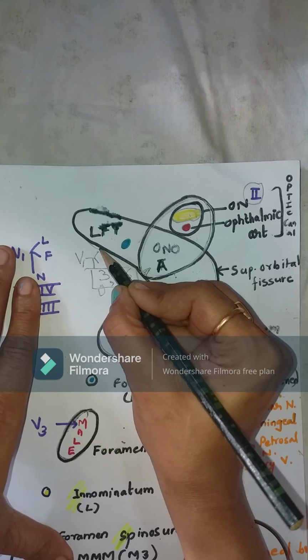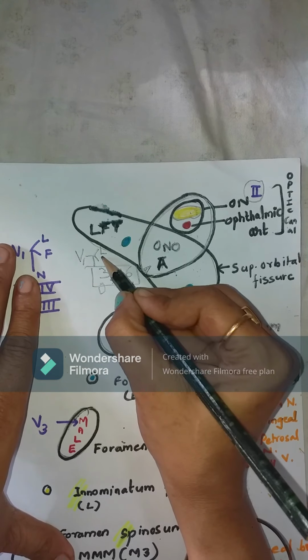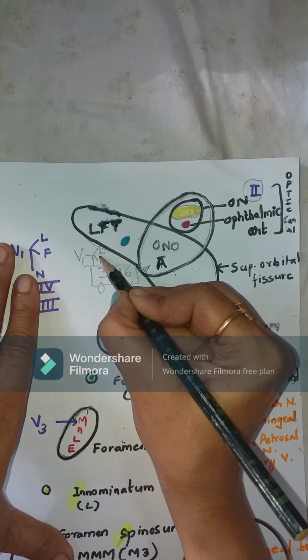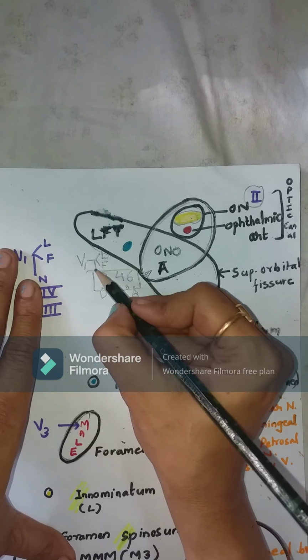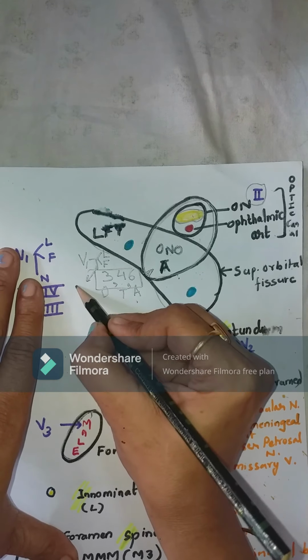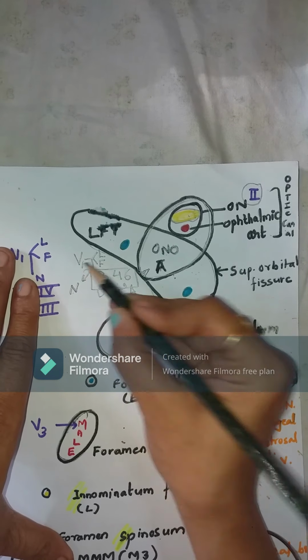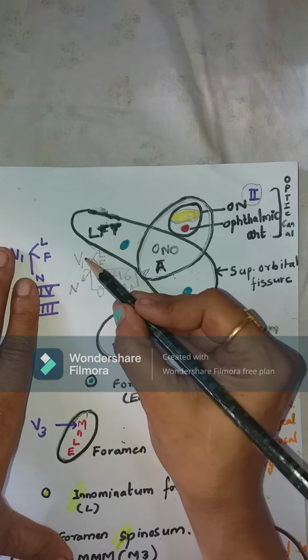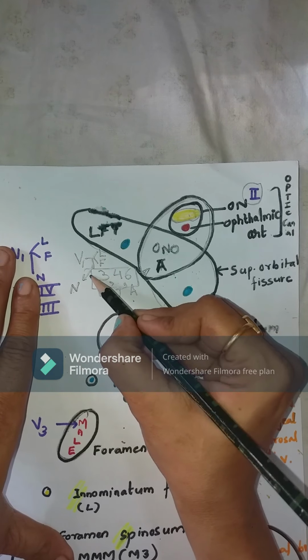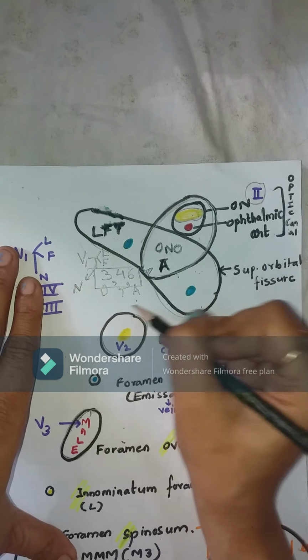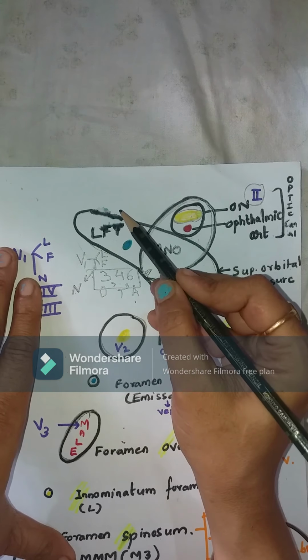What are those branches? L stands for lacrimal, another is frontal, and the third one is nasociliary. These are the three branches of V1. So V1 will divide into its respective branches, and these branches will also pass through the superior orbital fissure.